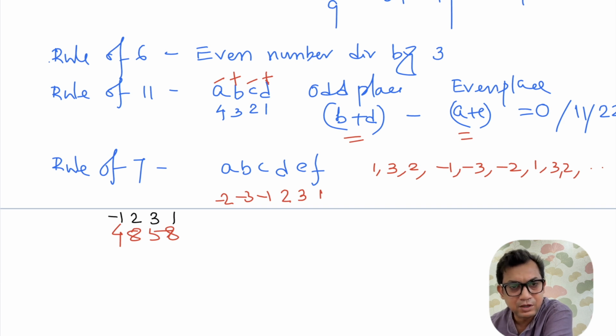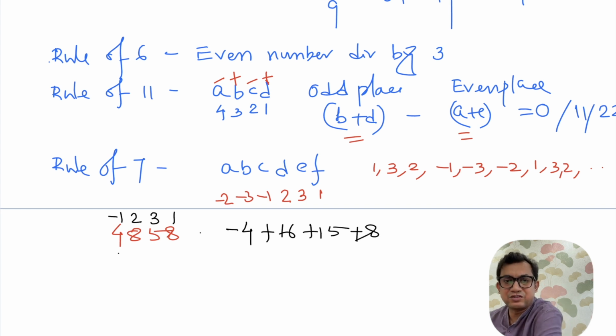So this becomes minus 4, this becomes 16 plus, this becomes 15, this becomes 8. So the summation is 31 plus 35. If 35 is divisible by 7, then the entire number is divisible by 7.